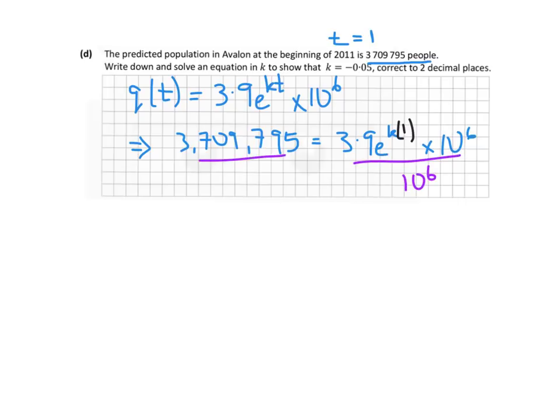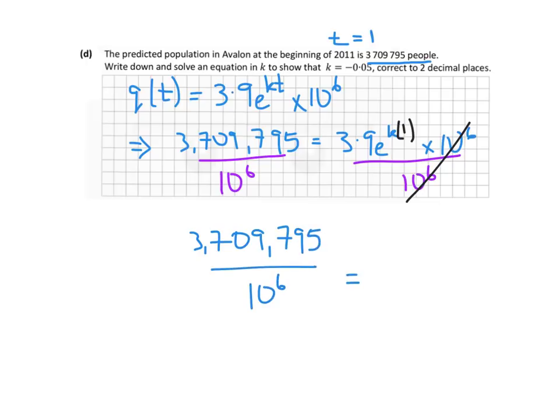And that means that this bit here will cancel. Just rewriting that gives me 3709795 over 10 to the power of 6 is equal to 3.9 e to the power of k.